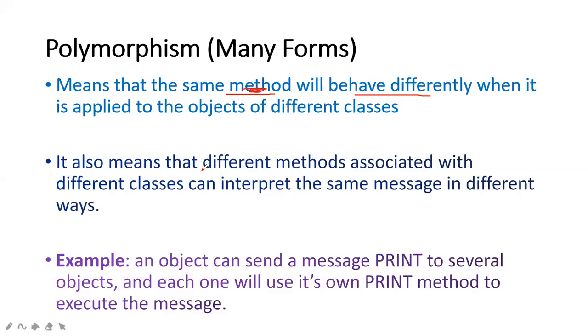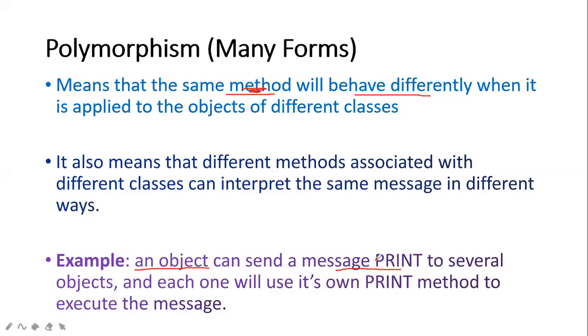It also means that the different methods associated with different classes can interpret the same message in different ways. So we can also say that if we have different methods which are associated with different classes, they can have the same message which is displayed in a different manner. For example, an object can send a message print.